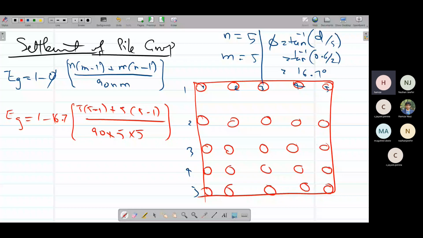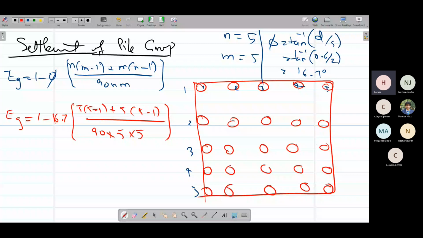The next thing we have to determine is the Q allowable capacity of one pile. So what should we do for this part? We have to calculate QB and FS. So QB: what type of strata is it?